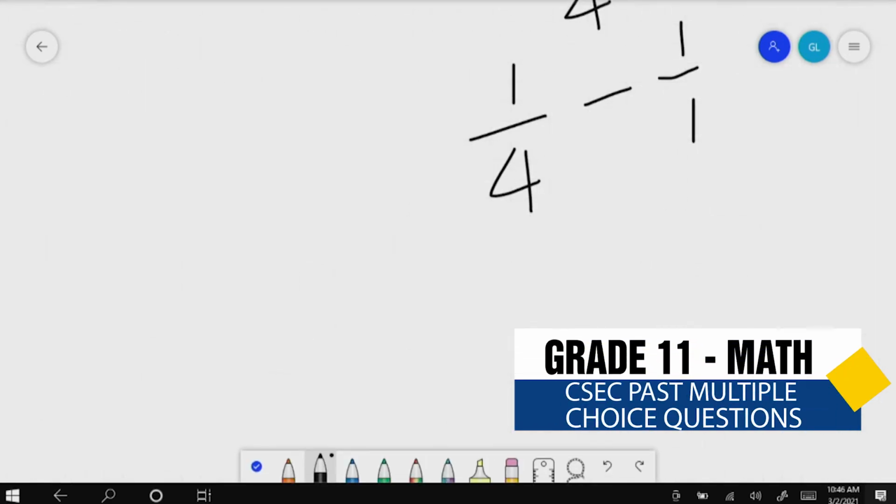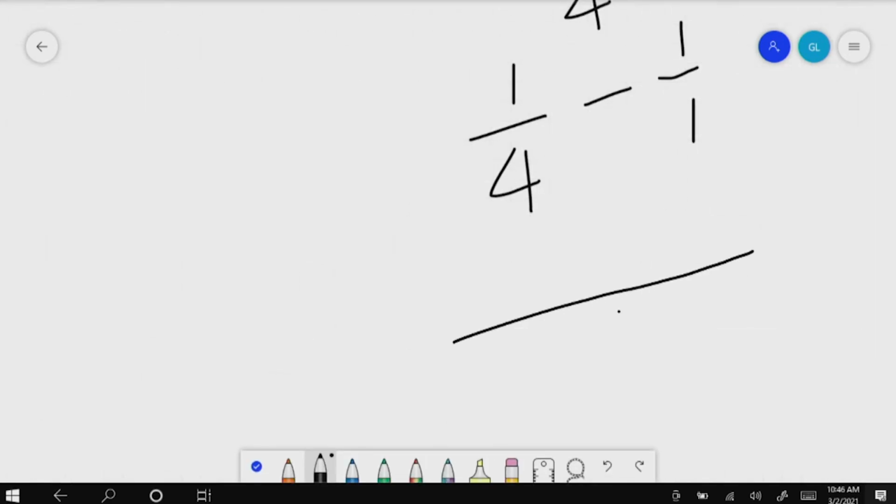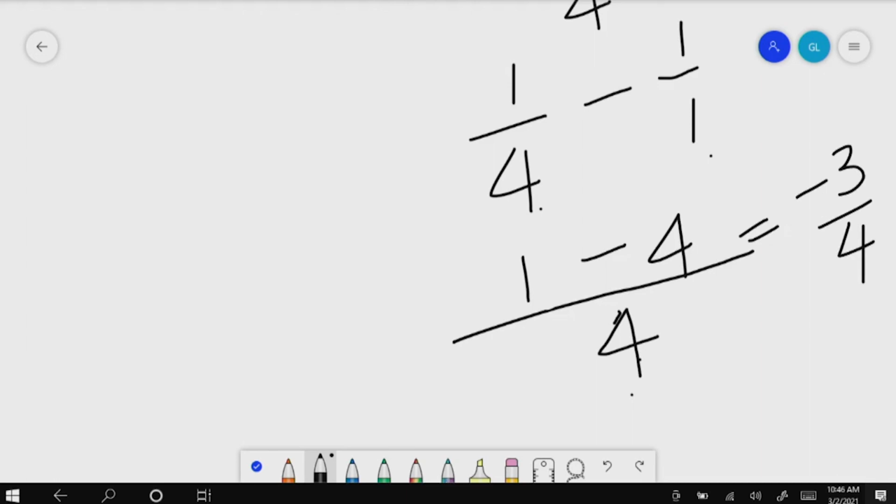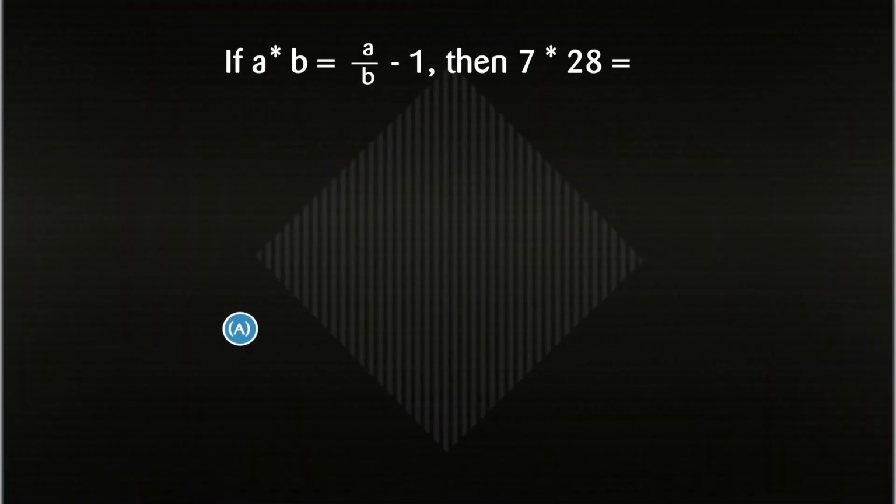It's the same as solving fractional quantities. The LCM of 1 and 4 would have been 4. 4 into 4, 1. 1 times 1 would have given us 1. 1 into 4, 4. 4 times 1 give us 4. What is 1 minus 4? It's minus 3 upon 4. Hence, the solution for this question is A, minus 3 upon 4.